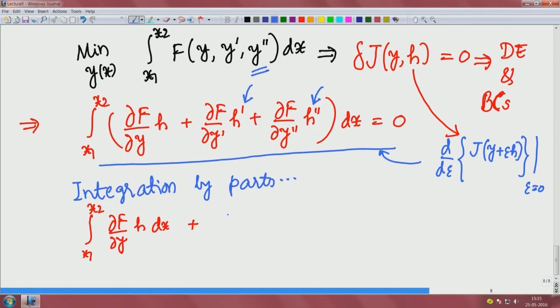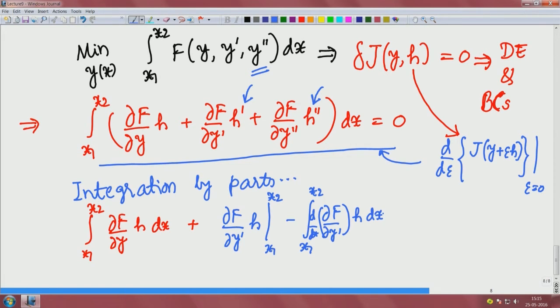I will do integration by parts: the first function dou f by dou y prime, integral of the second function which becomes h, evaluated at the boundary x1 to x2, minus the integral from x1 to x2 of the derivative of the first function, d by dx of dou f by dou y prime, into the integral of the second function, dx. Okay. That takes care of the second term.